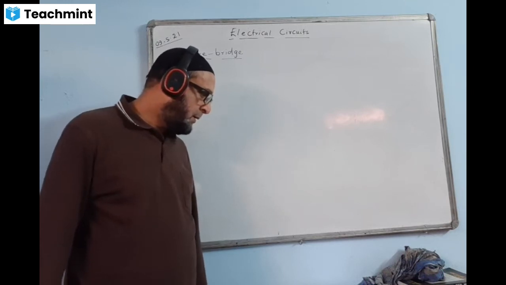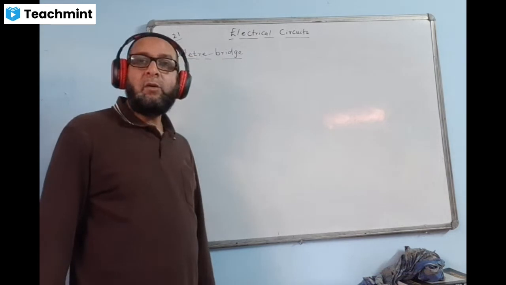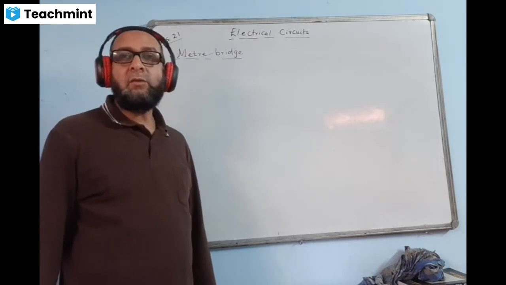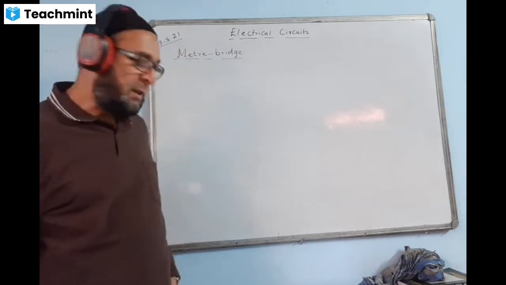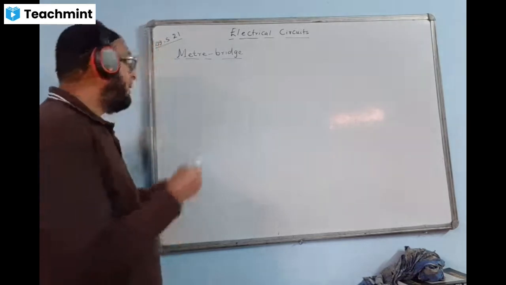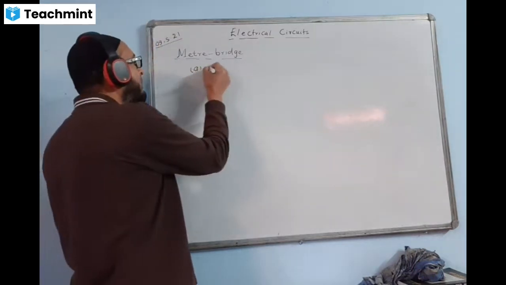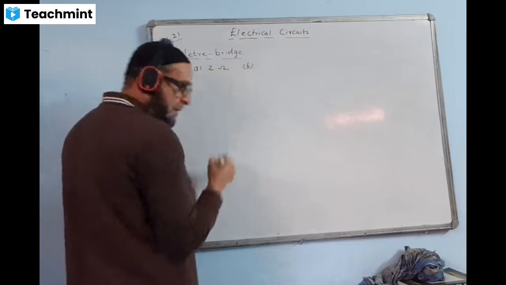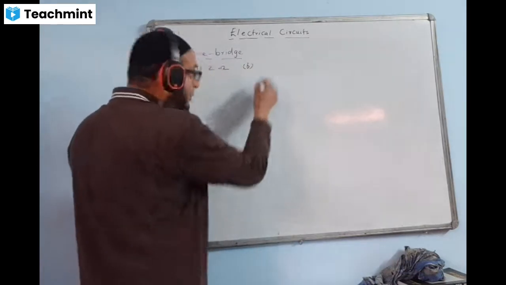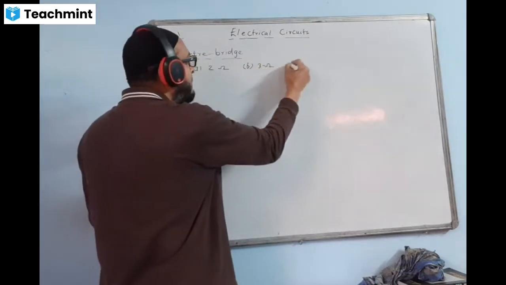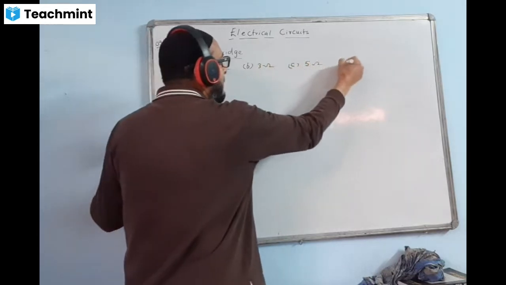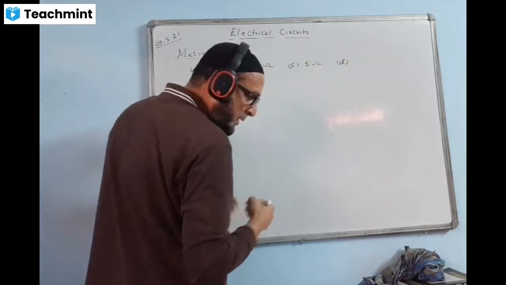The unknown resistance is: four options given. Option A, 2 ohm; option B, 3 ohm; option C, 5 ohm; and option D, 6 ohm.